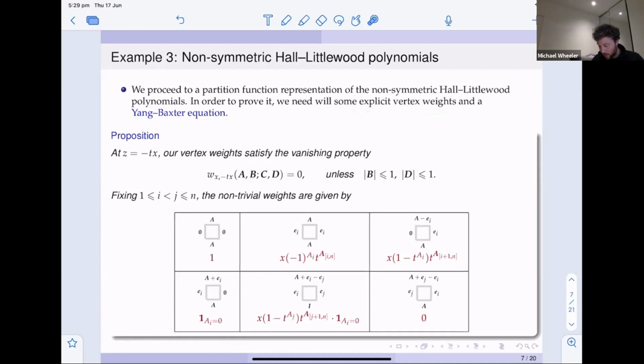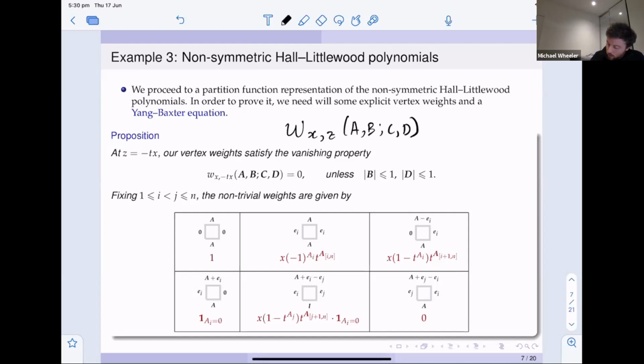So I'll do both of these things now for this example. Okay. So the explicit vertex weights that we will need are given by the vertex weights that we saw previously. So you recall that we had this rather complicated looking expression for those weights that depend on x and z with a, b, c, and d.